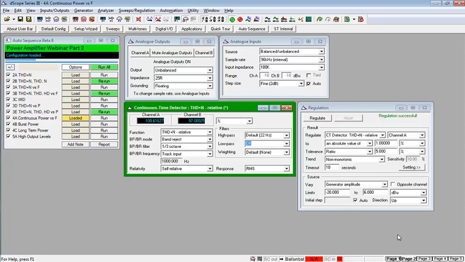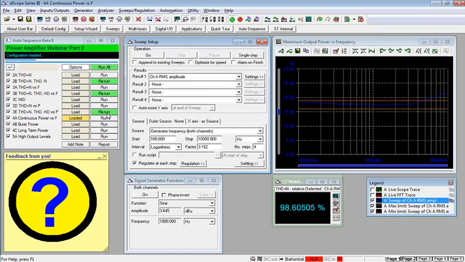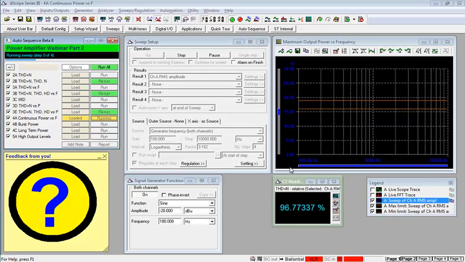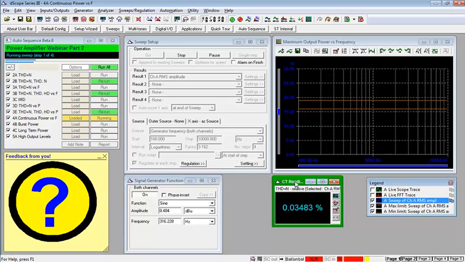And if I now run this test again with that filter off, let's do just that. Here we go. So this is now running a regulation. You can see that the generator here is automatically ramping up and down, and that's causing a corresponding change to this THD plus N reading. I'm not touching anything here. This is happening automatically.